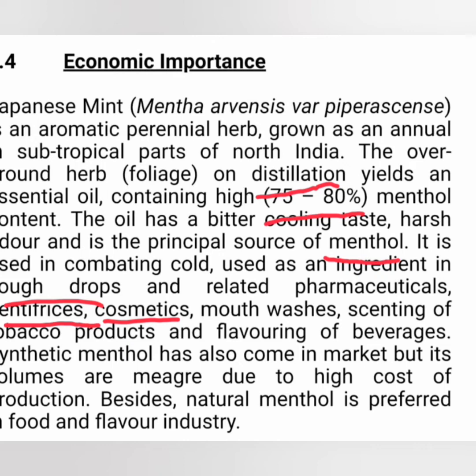Okay, because the substances which we obtain from these plants like menthol, then carvone, then linalool acetate and linalool, all these substances have important uses in pharmaceutical, food flavoring, cosmetic, beverages, and allied industries.